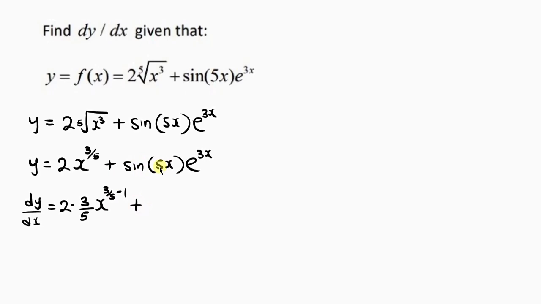This is sine 5x multiplying exponential 3x. And in differentiation, when two functions are multiplying, we apply what is called the product rule. The product rule says that the derivative is equal to: you differentiate u, holding v constant, plus you differentiate v, holding u constant.